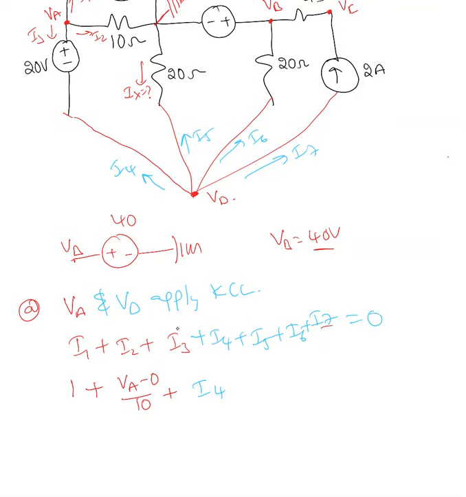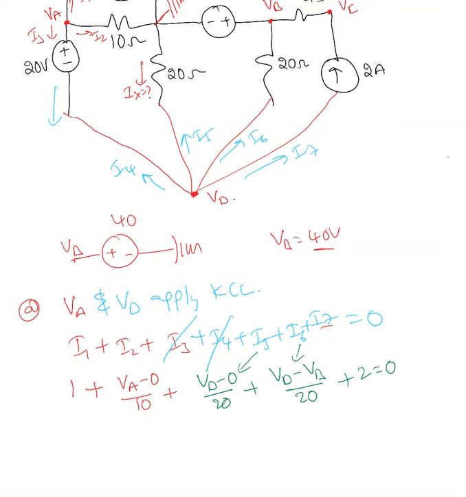Now I can cancel I3 and I4 because I3 is coming down, I4 is going up in the same branch. Now what is I5? I5 is nothing but VD minus 0 over 20, plus I6 is nothing but VD minus VB over 20, and I7 is nothing but plus 2, equal to 0.